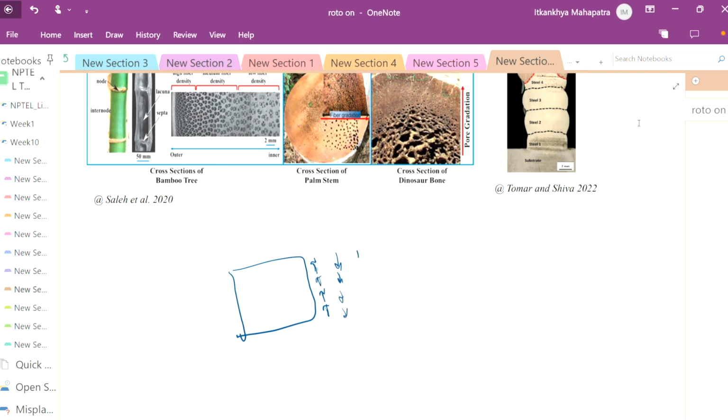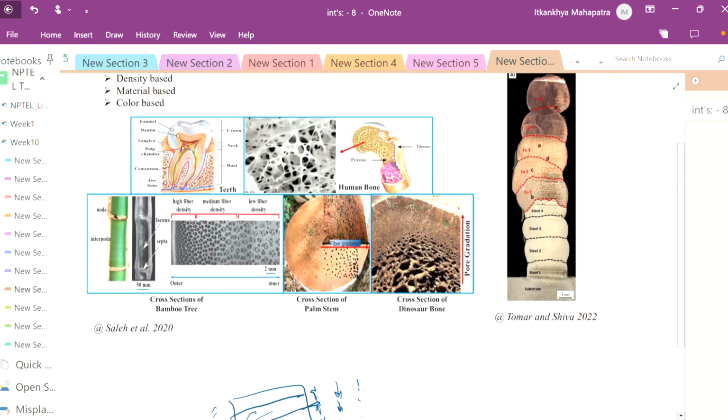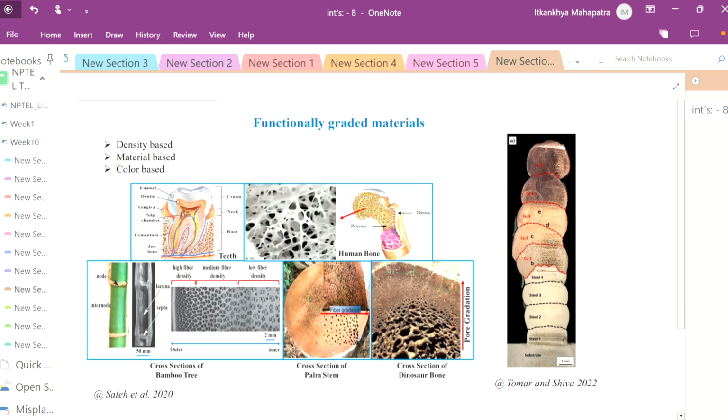Sometimes your material will change from top to bottom. Your structures may vary from top to bottom. So with the increase or decrease in layers, your material properties, your density or your color may change.